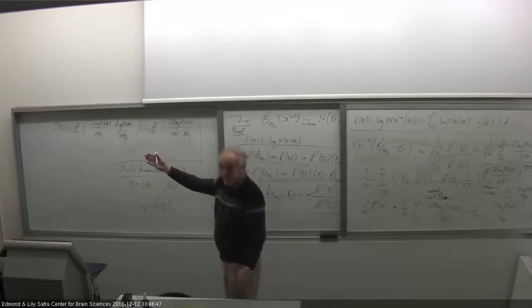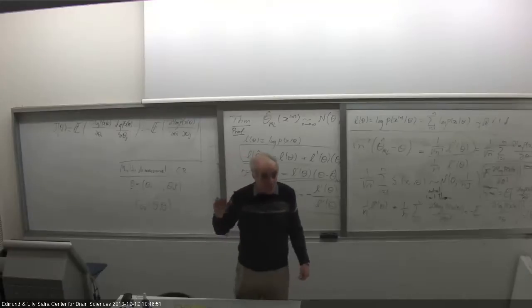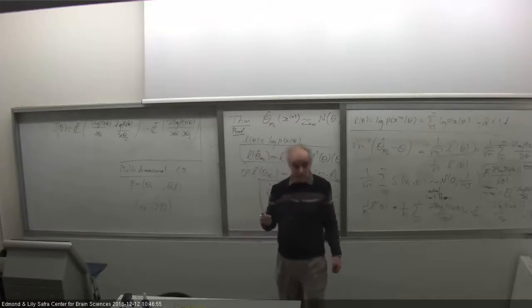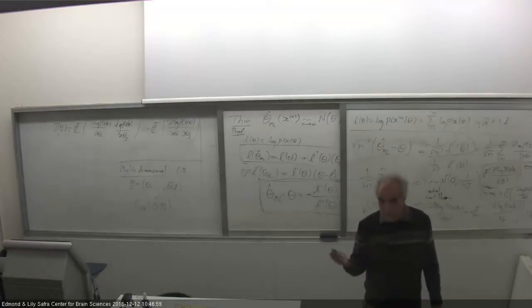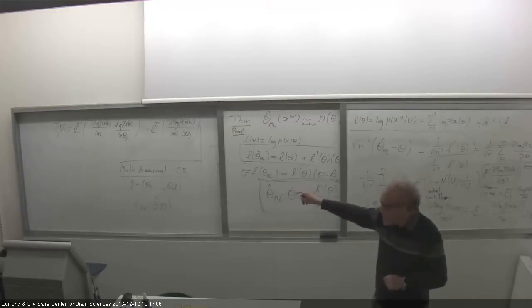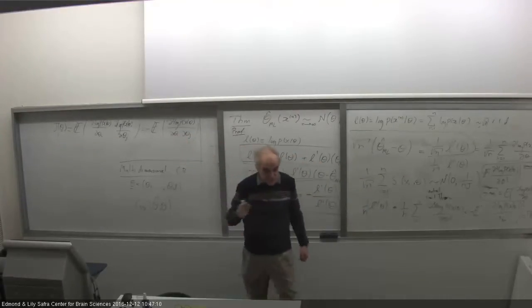And J, the Fisher information, is now becoming a matrix, a d by d matrix. We know it's a positive definite matrix. Why? Because it's a covariance matrix. It's symmetric, of course, assuming that this mixed derivative is symmetric.